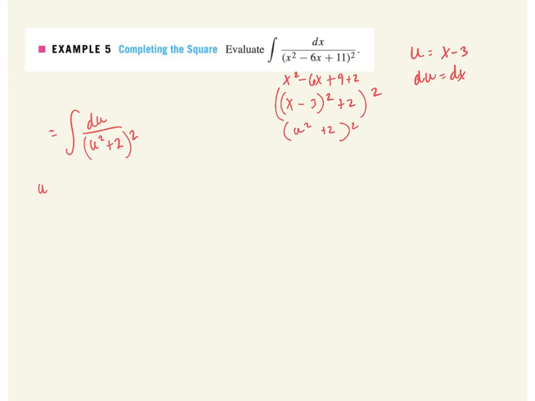So if I want to have a square root, if I want this to be equivalent, then I would have to write it as the square root of u squared plus 2, right? Square that, so that it's not changing anything. And then it's squared again in order to stay equivalent.